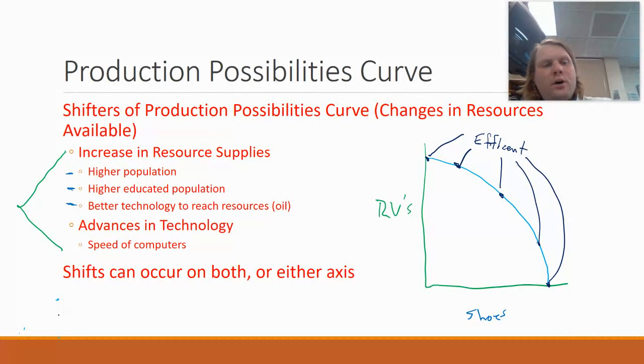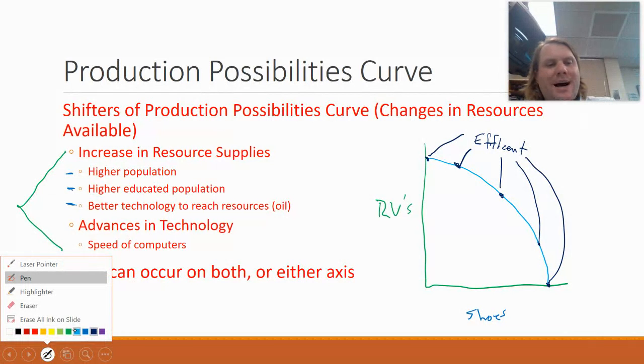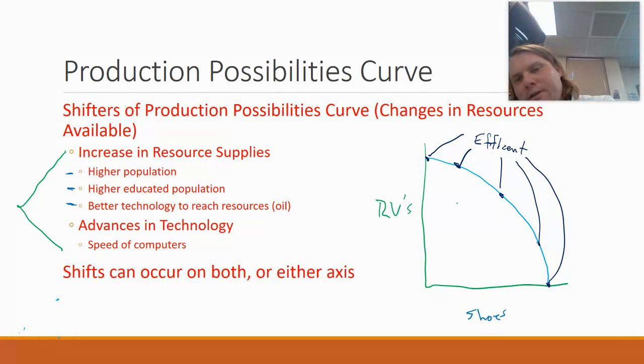Now, if we can be efficient on the line, we can also be inefficient inside. So why might we be on the inside of the line? Well, if we're experiencing unemployment, if maybe the government doesn't allow us to use some land for farming, which is not saying that they shouldn't, right? If they have a national park, well, we're not really producing anything out there.